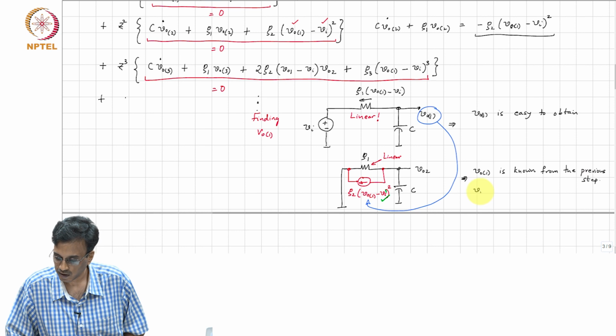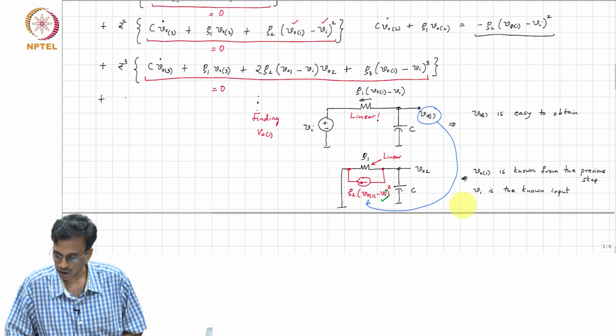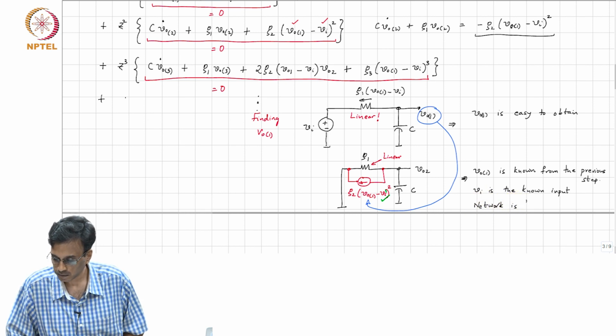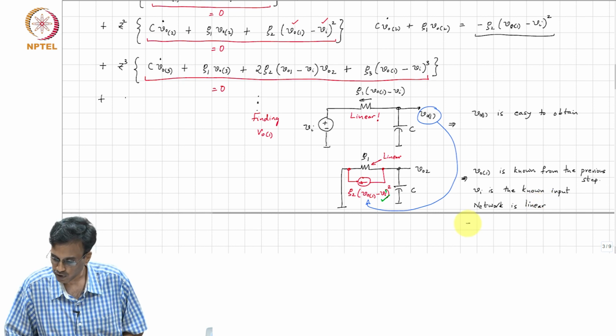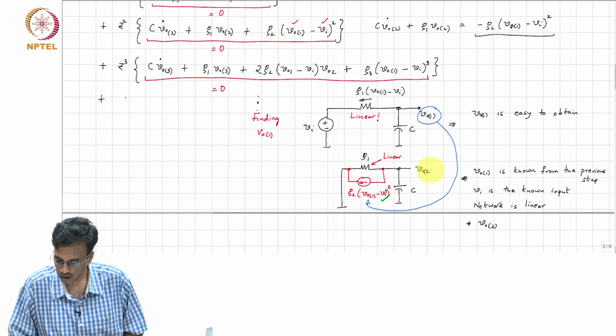Vi is the known input, and this network is linear. Right. So VO2 is easy to find.